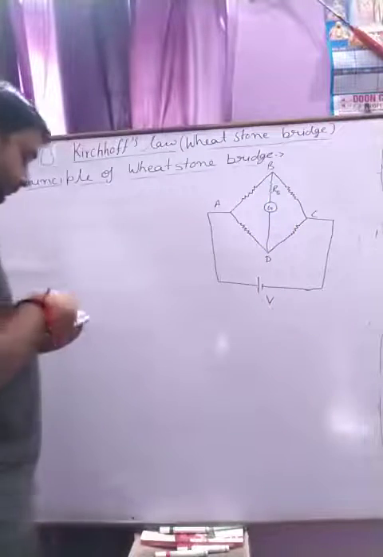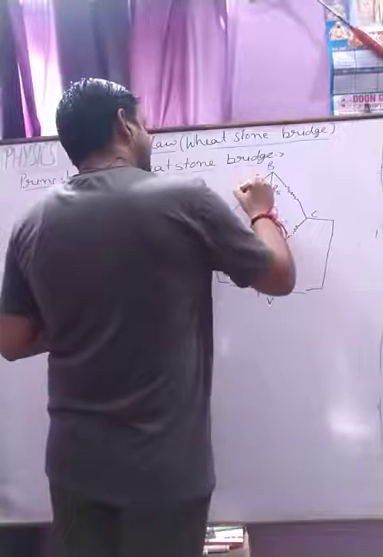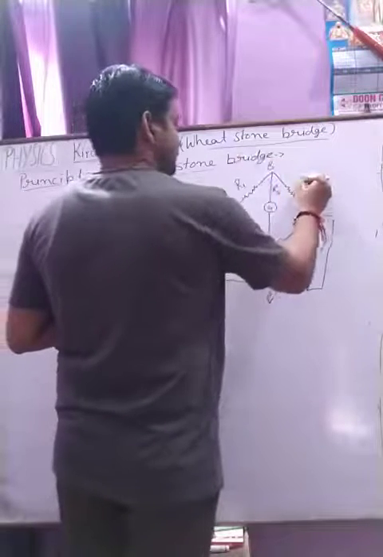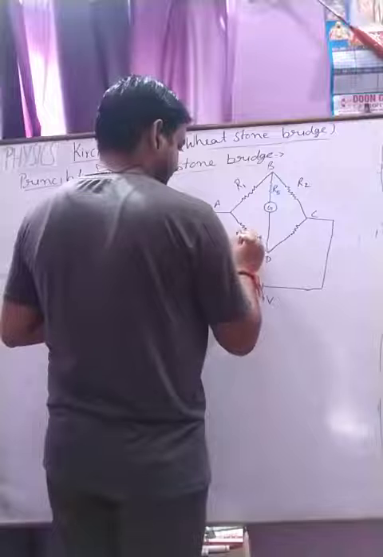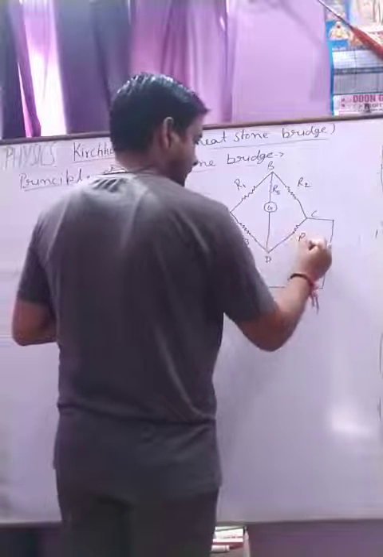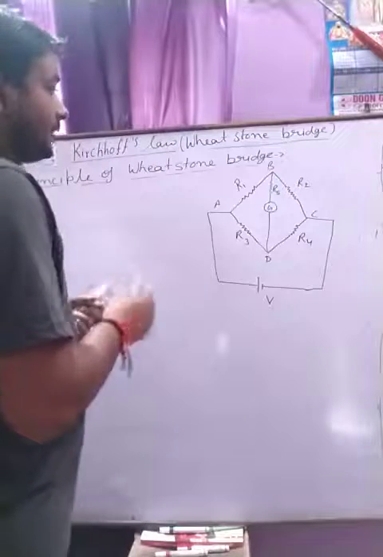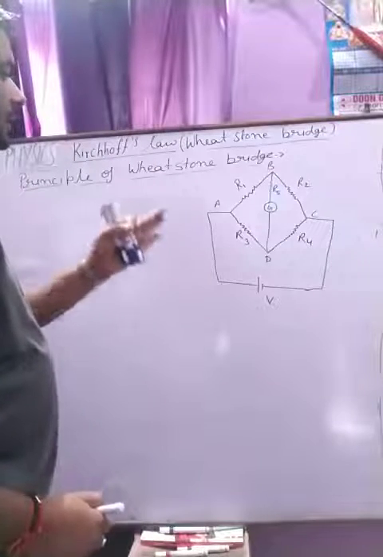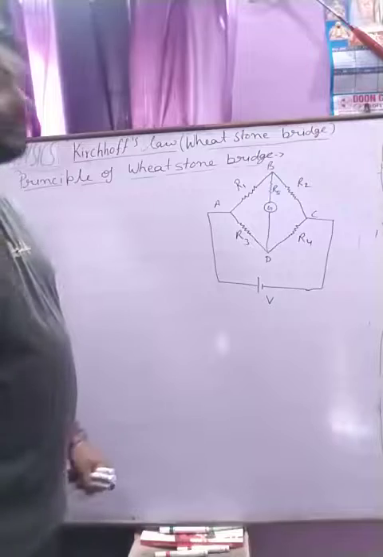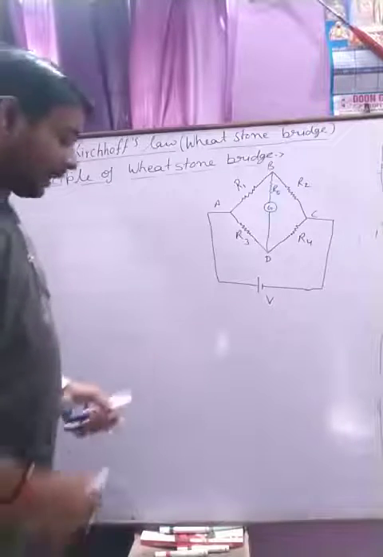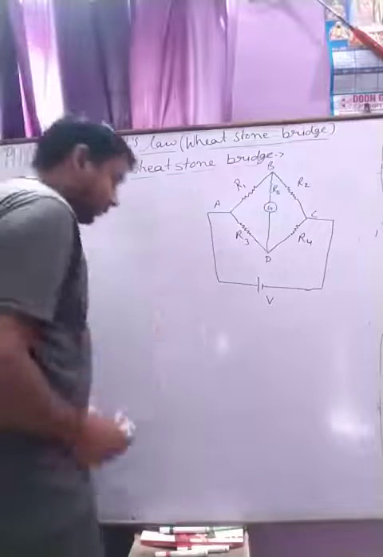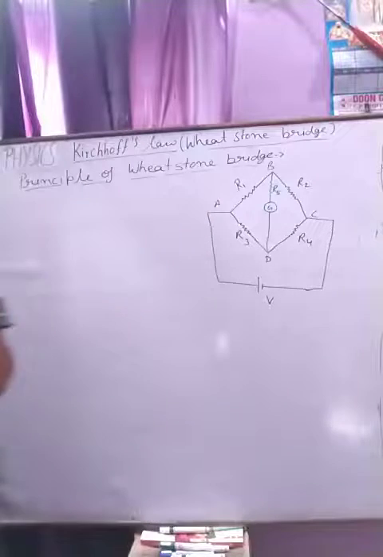Then if the ratios of R1, R2, R3, R4 are balanced, are equal, then the bridge is said to be at balance condition.